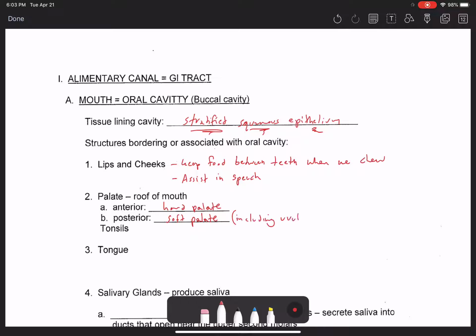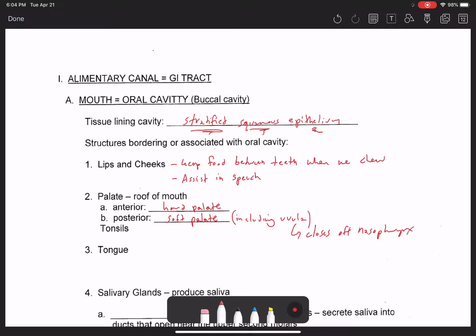And by the way, you guys know what the uvula is. The uvula is this mucosa-bound pendulous tab that hangs down in the back of our oral cavity. You can see it when you ask someone to open up their mouth and say, ah. So the purpose of the uvula, in fact, is that it closes off the nasopharynx.